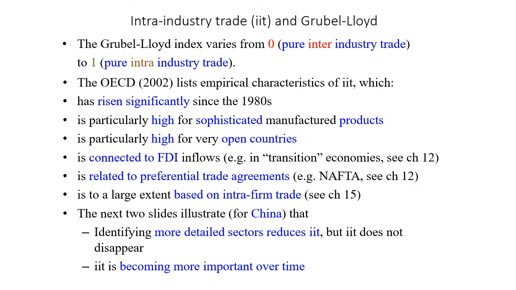And also, to a large extent, when we analyze the inter-industry trade, we find that it is more firm-based. A lot of the links are between firms, not actually between countries.